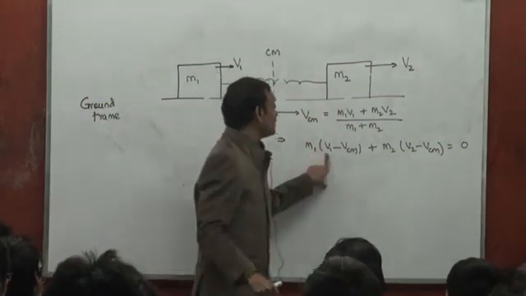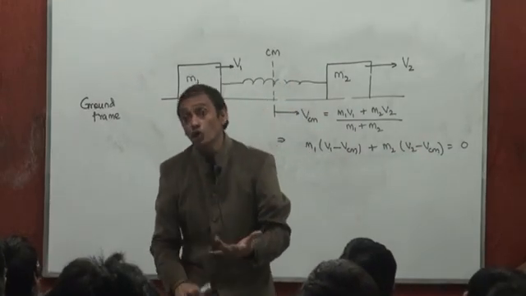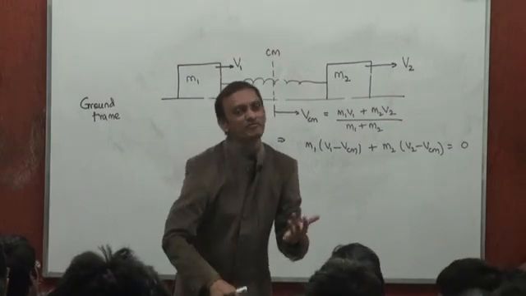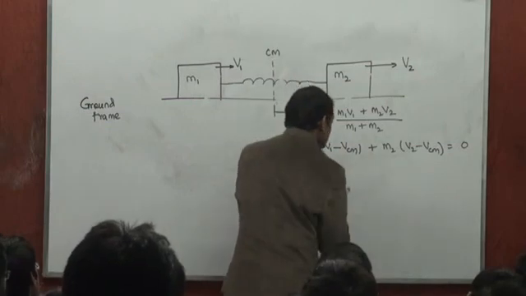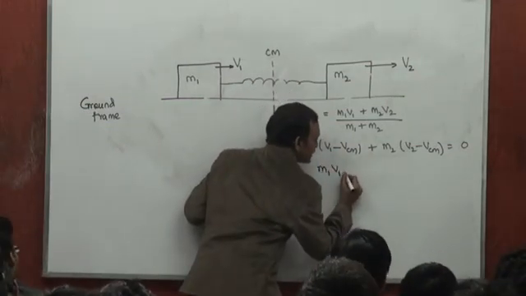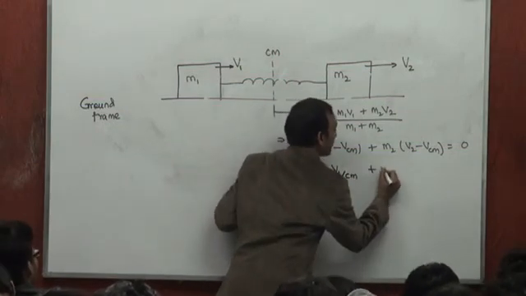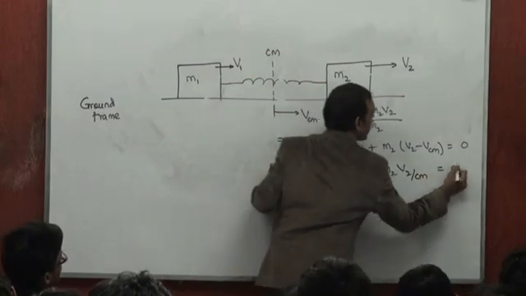Yes or no? These are the velocities of M1 and M2 in the center of mass frame of reference. Yes or no? Right? So this is M1 and velocity of 1 in the center of mass frame plus M2 velocity of 2 in the center of mass frame. That's 0.